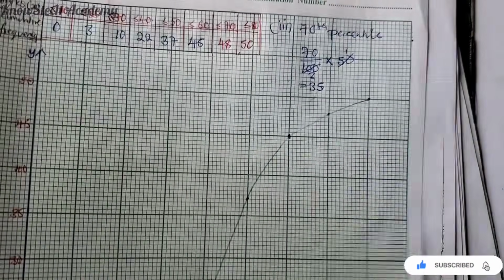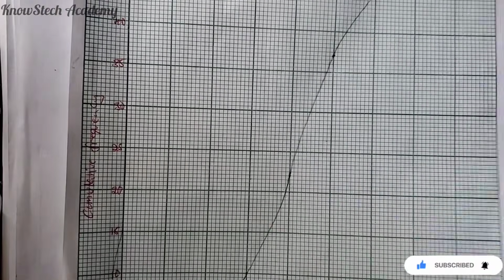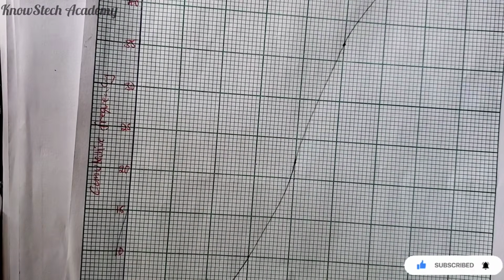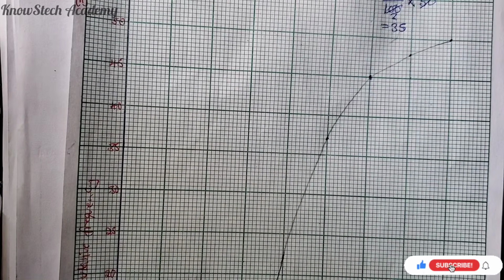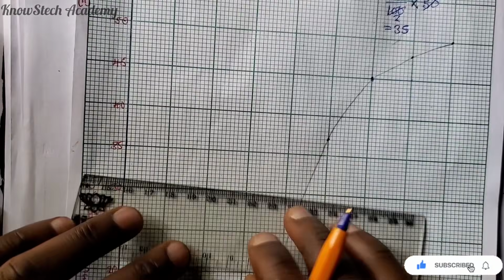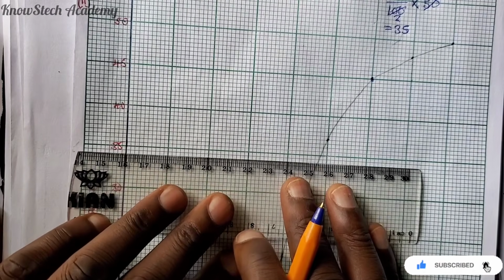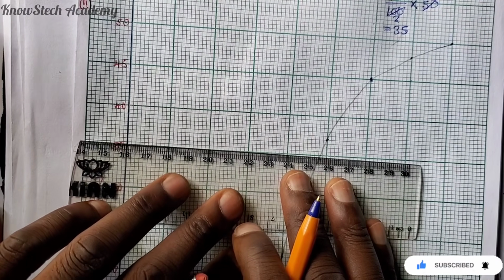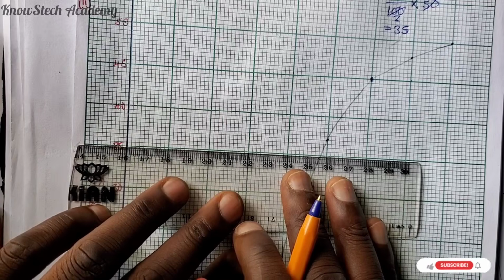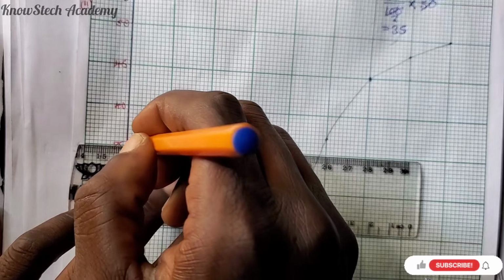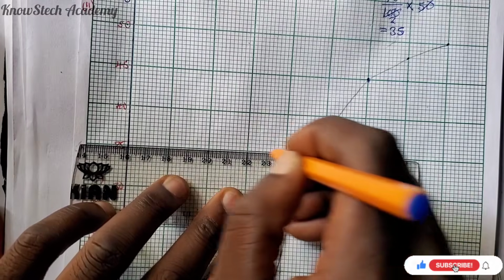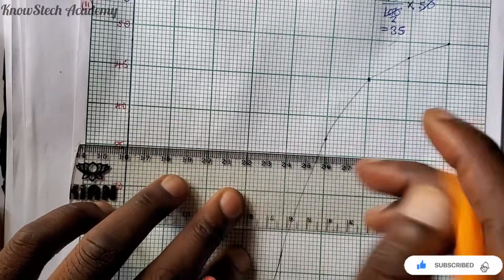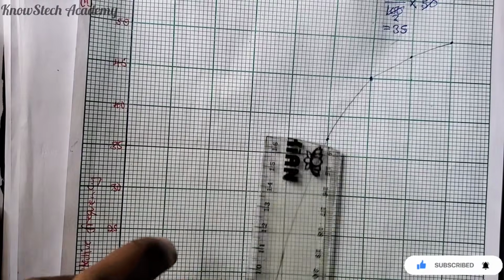It's just telling us that we should go where the cumulative frequency is 35. 35 here. That's what 35 is. Then we're going to draw a straight line where 35 is, like this, up to where it touches the curve.